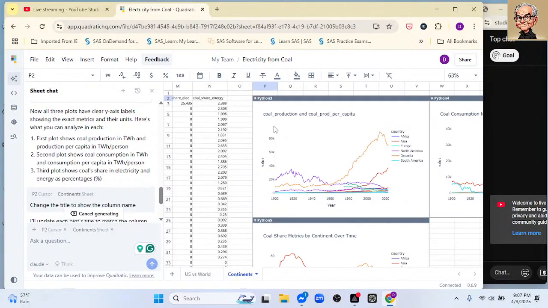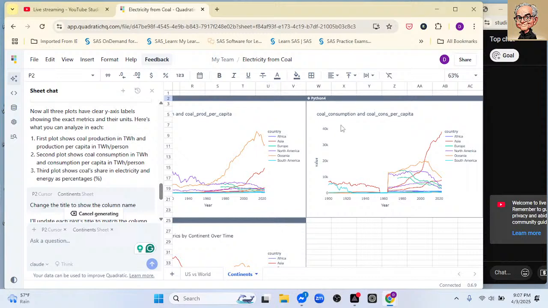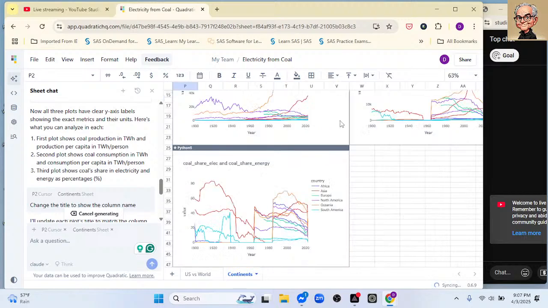Okay, good. Coal production and coal per capita. Huh, interesting. Coal production. Okay, these are interesting. Coal consumption and coal consumption per hour. Interesting.